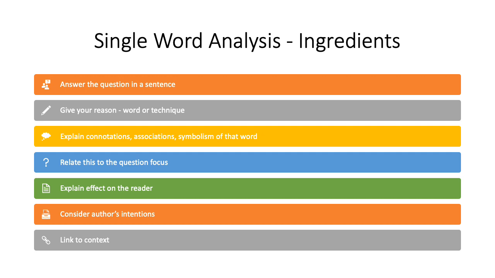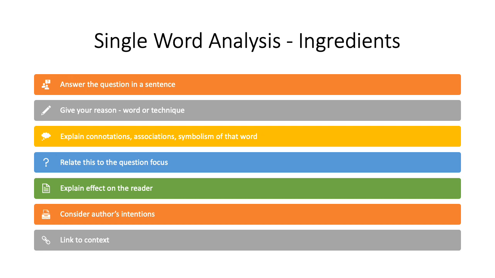The next part of the paragraph is to give your reason for why you've given that answer in the first sentence. Because it's not enough, is it, to answer a question and say, well, the writer presents Piggy as kind. Well, that's great, but it won't get you many marks because our job is to analyse the work of the writer. We have to analyse the language to show that we're experts.